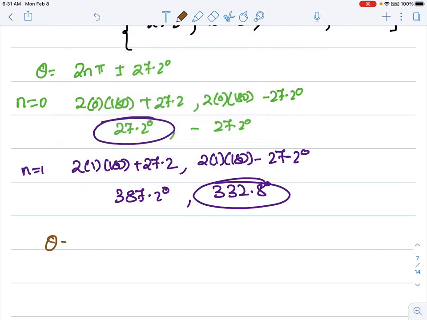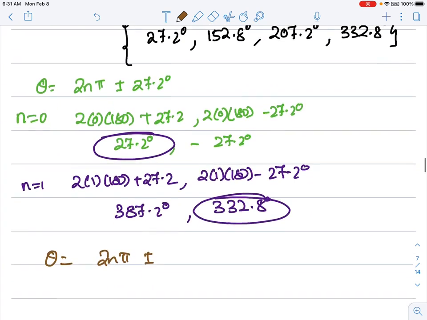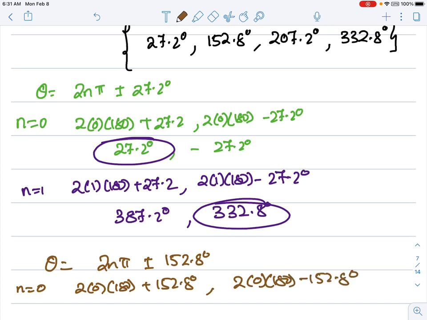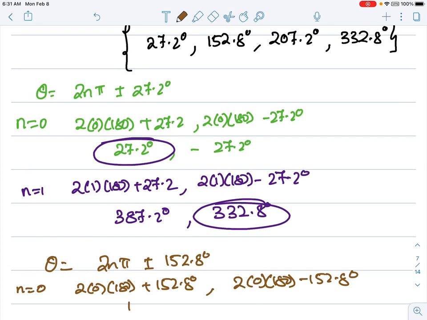So theta is equal to 2n pi plus or minus 152.8 degrees. When n is equal to 0, I get 2 times 0 times 180 plus 152.8, and 2 times 0 times 180 minus 152.8 degrees. Which gives me 152.8 degrees, and minus 152.8 degrees.